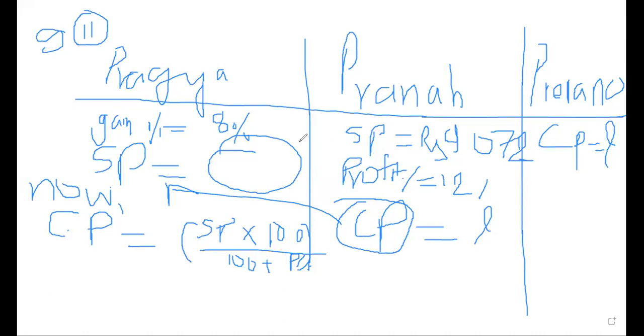For Pranab, if you find CP, that CP will be used here as SP for Pragya. By using that SP and gain percent, find the CP by using this formula. Okay, children, can you solve it and find out, and that will be the cost price for Pragya.